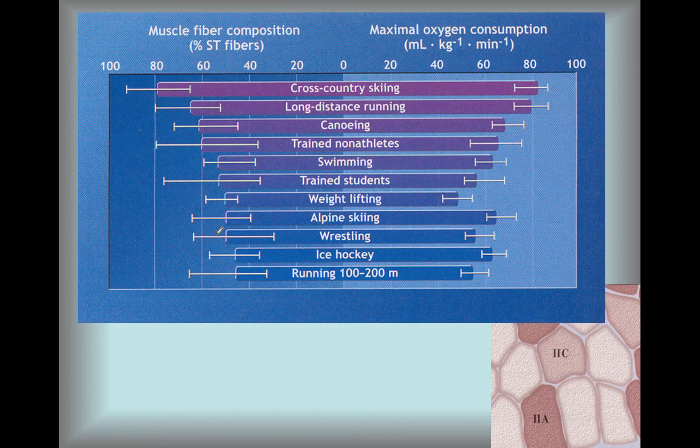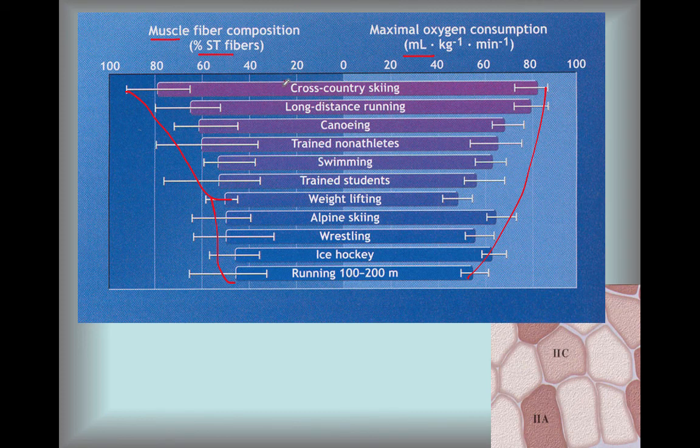And then this is a weird graph. I don't know why they didn't do a scattergram, but they didn't. What they're doing here is looking at percent type 1s versus max VO2. You can see that there is some correlation here, but it's hard to see exactly what it is. Had they done a scattergram, we'd have a better indication of what kind of correlation we're looking at.